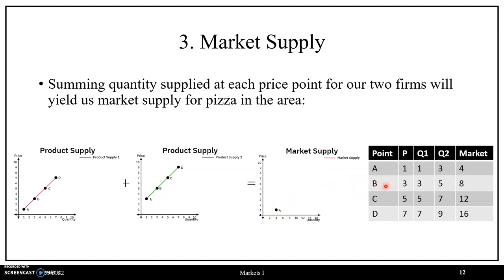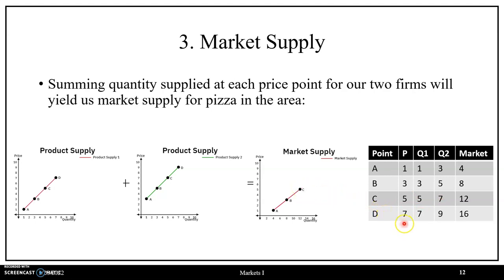Moving on to point B, at a price point of 3, location 1 is willing and able to sell 3 slices, while location 2 willing and able to sell 5, such that the market is willing and able to sell 8 slices at the price point of 3, generating us point B on our market supply curve. Moving on to point C, at a price point of 5, location 1 is willing and able to sell 5 slices, while location 2, 7 slices, such that the overall market is willing and able to sell 12 pizza slices at the price point of 5, generating us point C on our market supply curve.